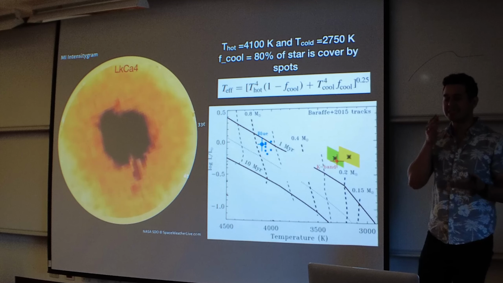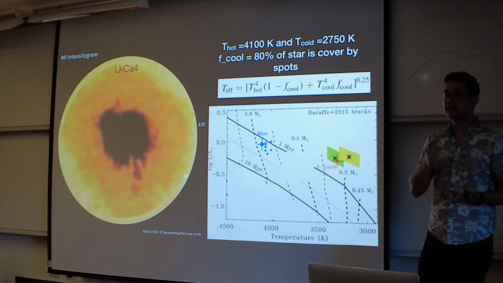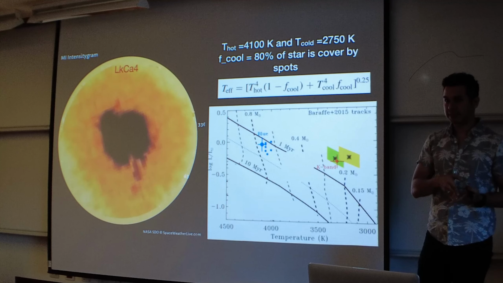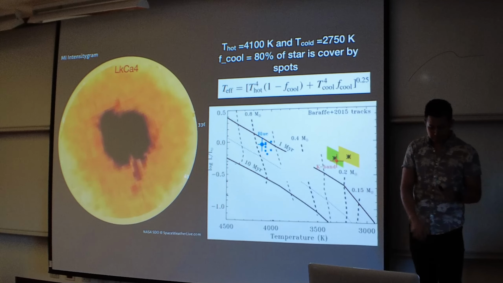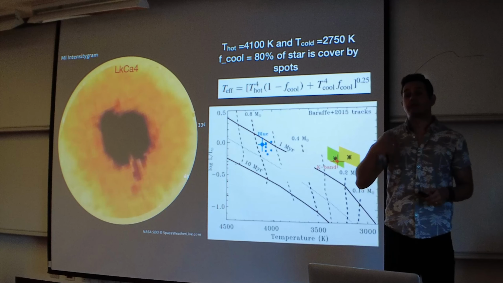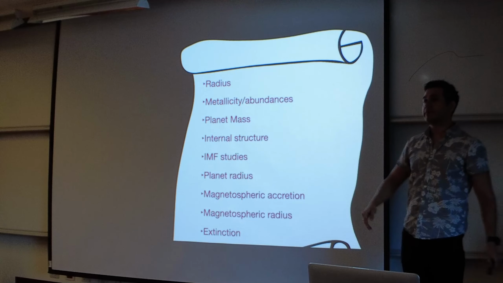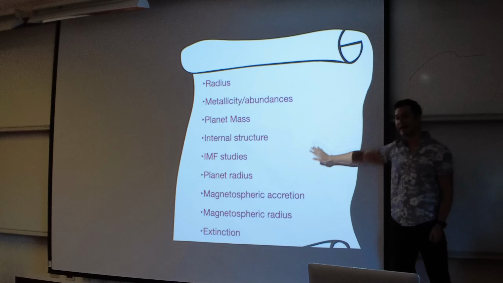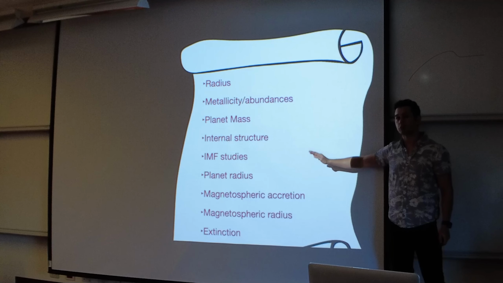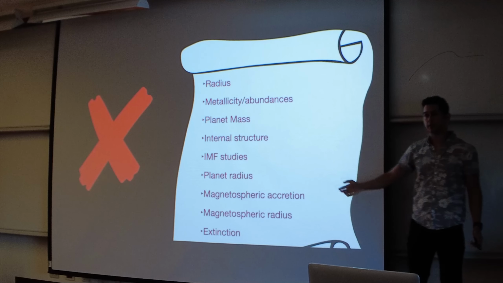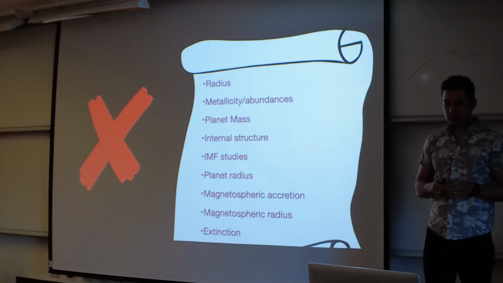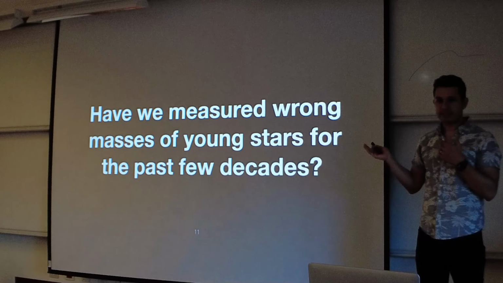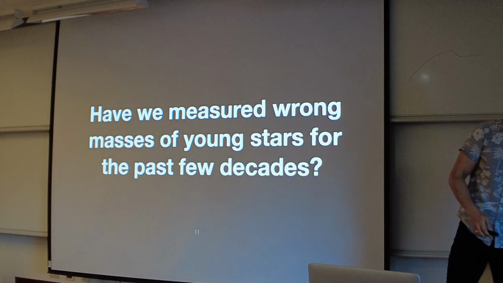This is a systematic change in the measurement of the temperature and has an implication for the masses of the stars. And of course, if we're measuring wrong masses, then that means that all the other things that we derive thinking we have the right masses are going to be wrong. So I think this is a very, very valid question to ask.